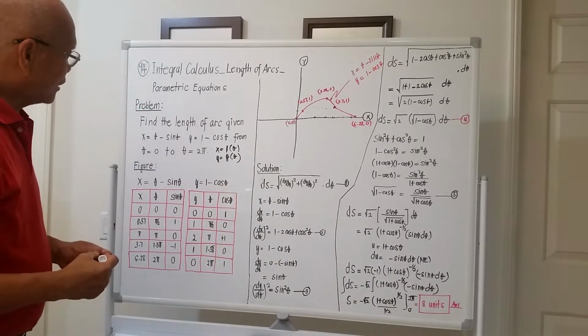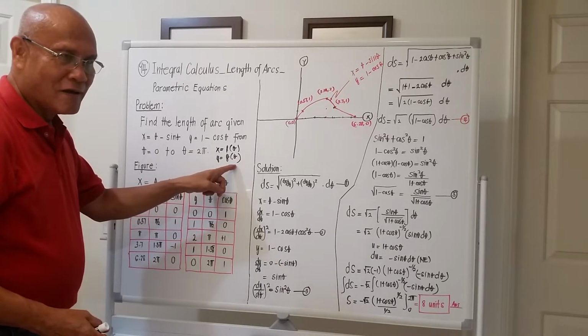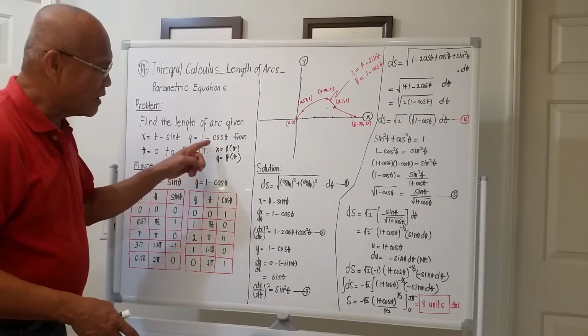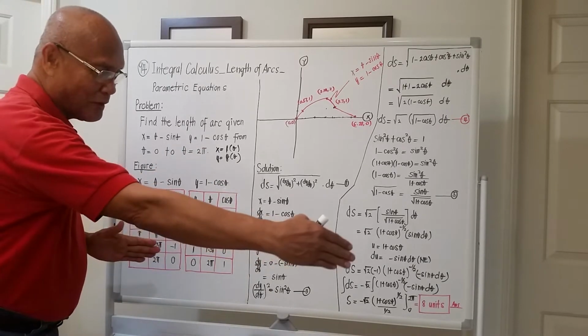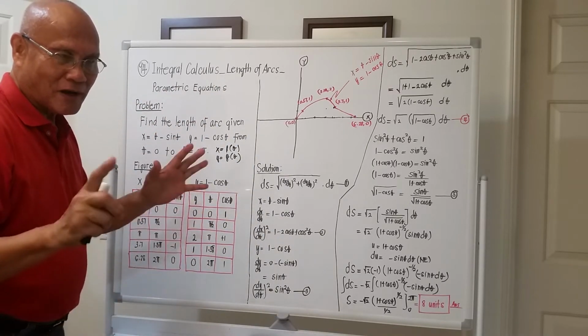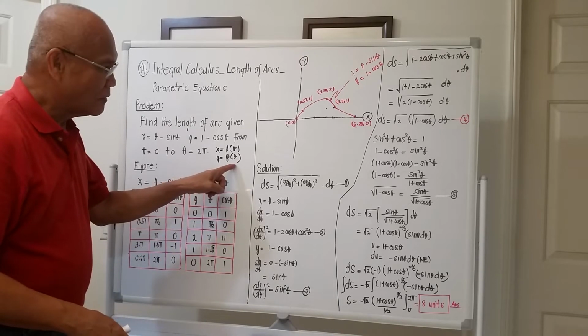Actually the parameter here is theta, because initially under the Cartesian it is x and y as a function of something else, but under parametric there should be a parameter here. The parameter is the third variable, it is theta.